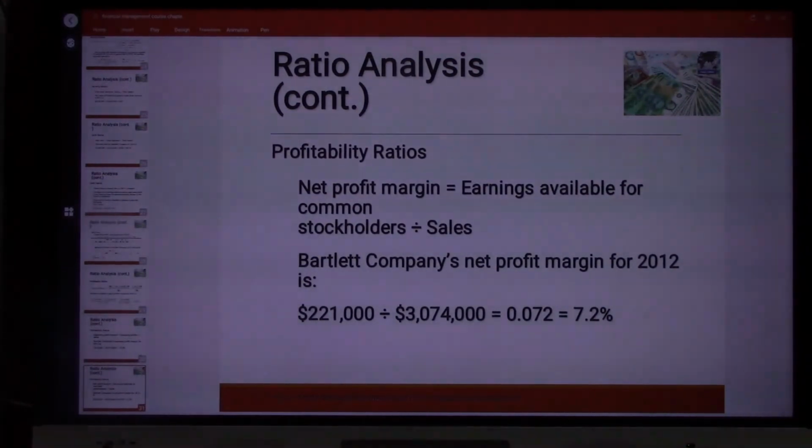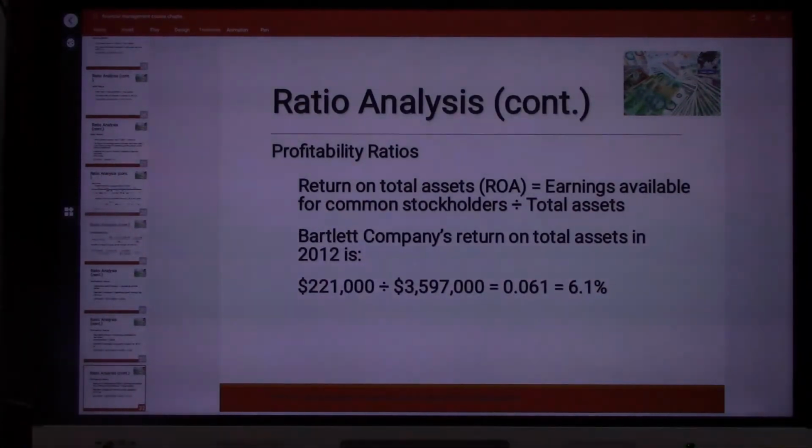The fourth sub-dimension of our profitability ratio is called return on total assets, ROA. Return on total assets is equal to the earnings available for common stockholders divided by total assets.